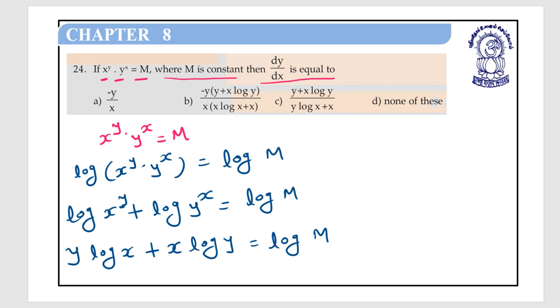Here option A is not the answer, option B. So here if there is one mistake, then option B becomes the true answer. Here instead of x there is y by misprint or anything else. If y log x plus x, then B becomes the answer.